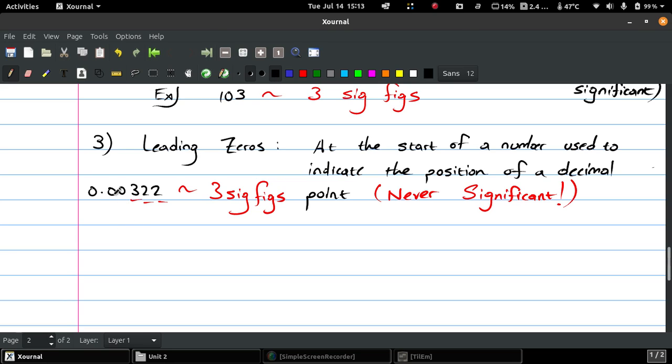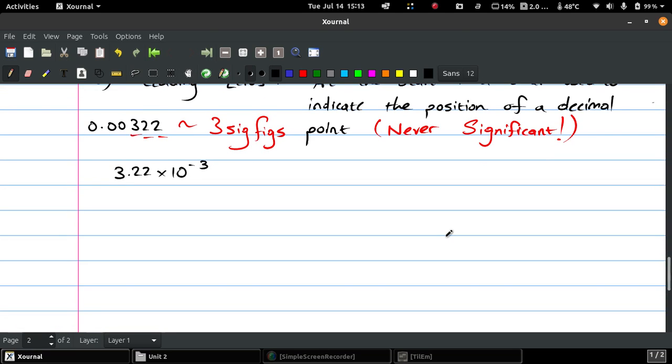So this would be 1, 2, 3. You would have 3.22 times 10 to the negative 3. That's why those zeros are not significant, because you can just write it in scientific notation and they're gone. They're still there technically, but not in the sense that you're looking at them in the number you've written down.